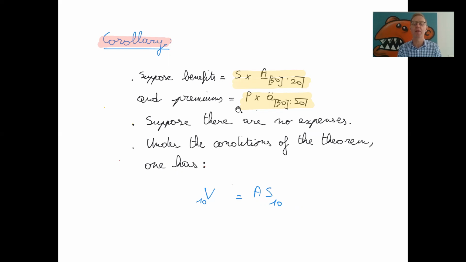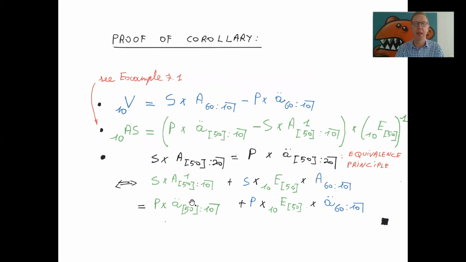The premiums are paid for the whole duration of the contract, for 20 years, provided the insured is alive. Suppose that there are no expenses. Under the conditions of the theorem, one has that the policy value at time 10 is equal to the asset share at time 10.